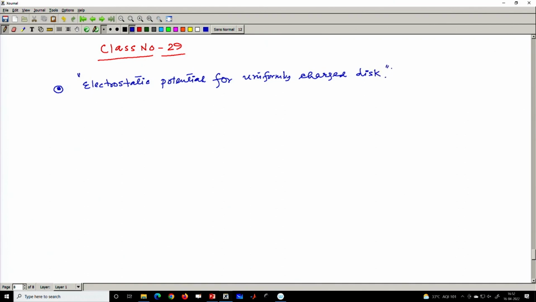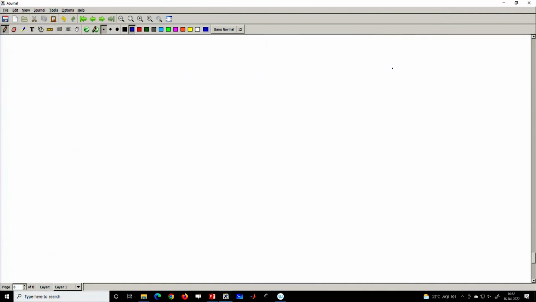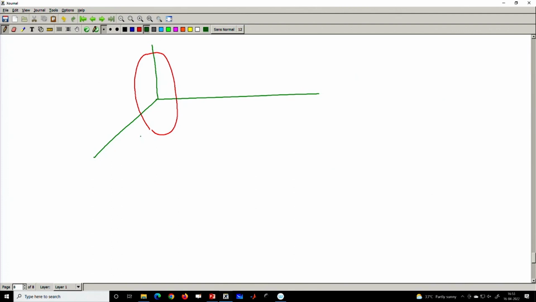So, this is the problem. We have a disk here. Suppose this is the disk, and let me draw the coordinates.